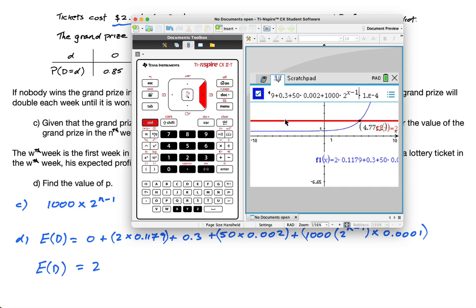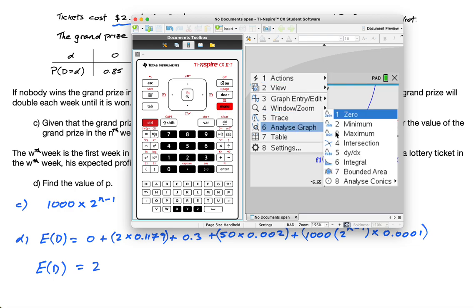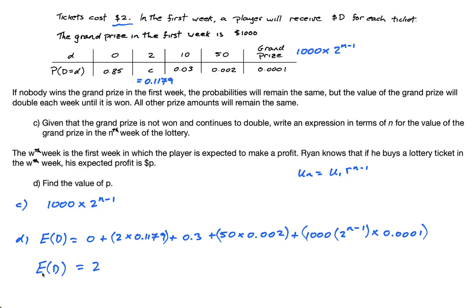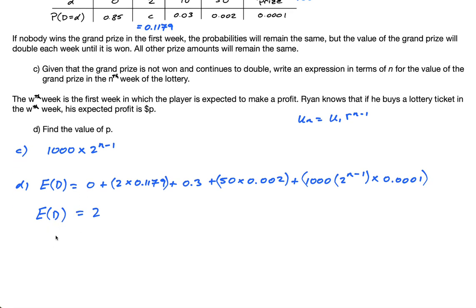So that's my blue graph, and my red graph is just 2. I'm going to find where they intersect, using analyze graph, intersection, lower bound, upper bound, and I get 4.77, 2. So the solution is n equals 4.77.